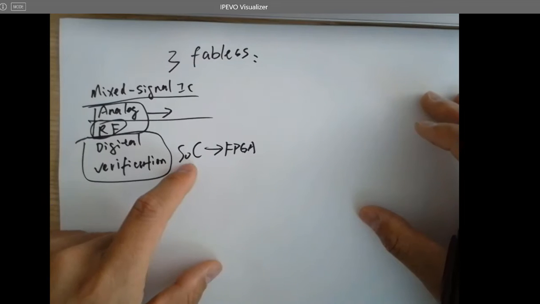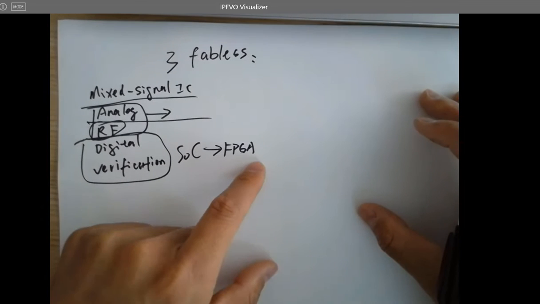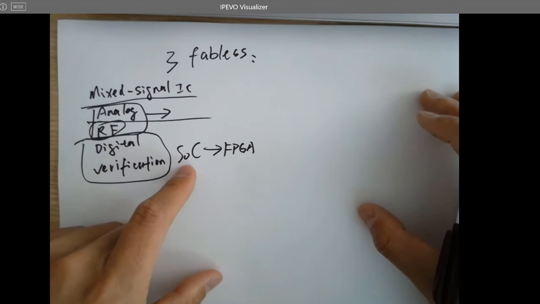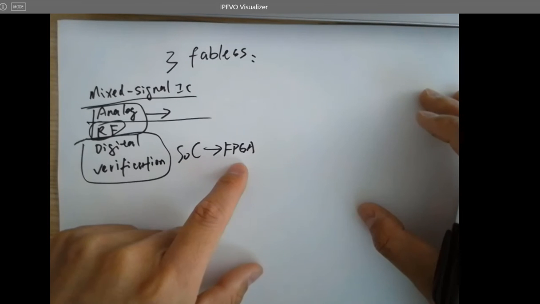So especially in colleges and universities, you can see a lot of people doing FPGAs and publishing their results on FPGAs, but not SoCs. There are still quite a few, but not as many as FPGAs.